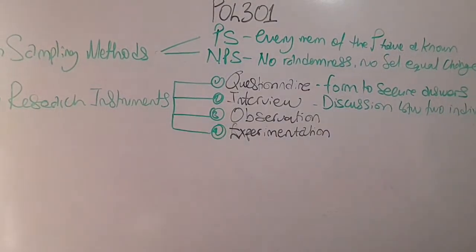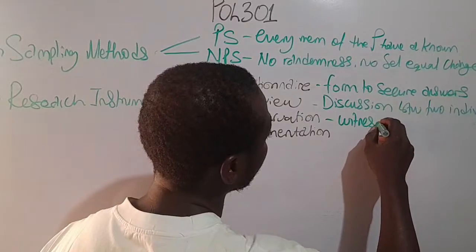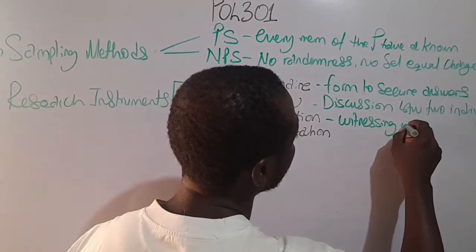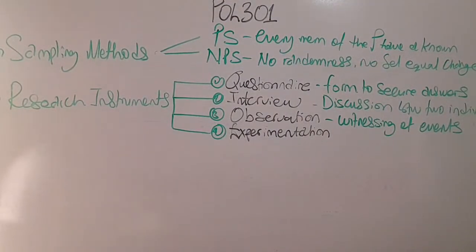Then observation as a method of data collection is where the researcher goes to the field to witness events occurring. As a researcher, when you witness, you are witnessing events you observe on the field.